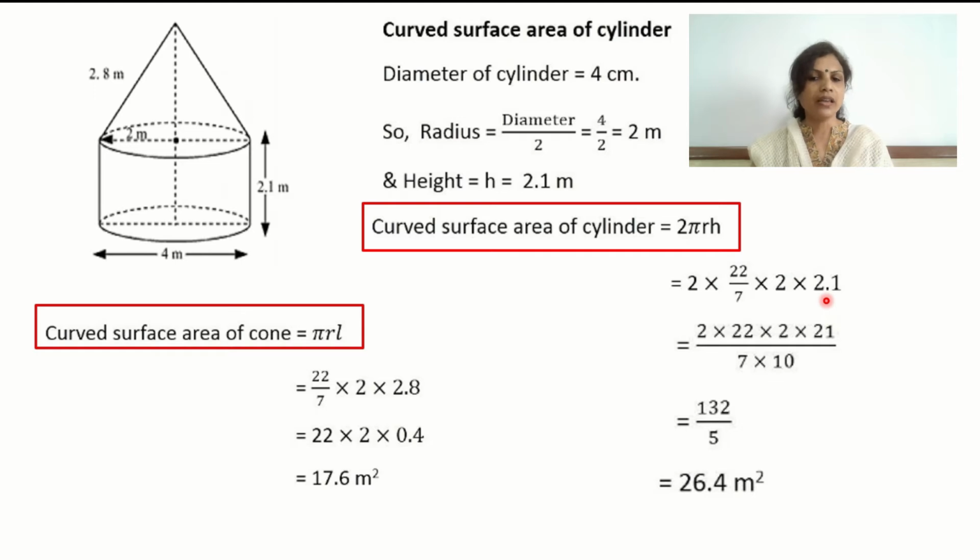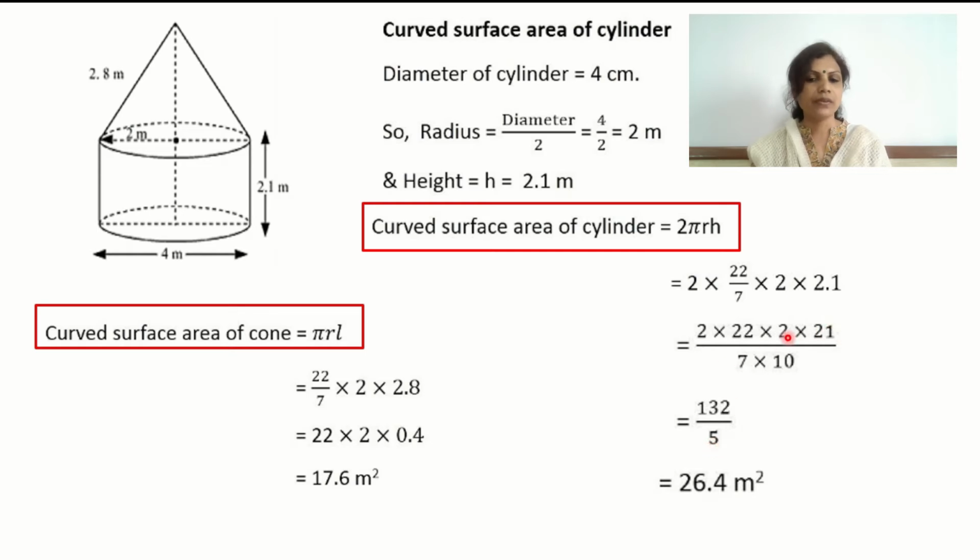Or you can do one thing, 2.1 you can convert into a decimal fraction. So 2 into 22 into 2 into 21 upon 7 into 10. So the multiplication for the terms in the numerator comes equal to 132 upon 5, because 7 threes are 21.